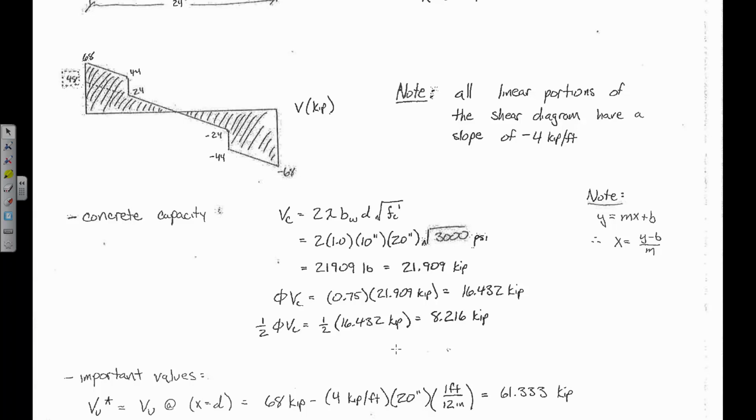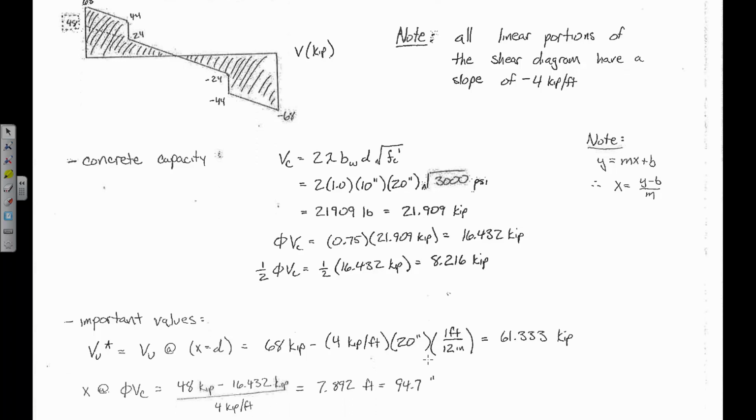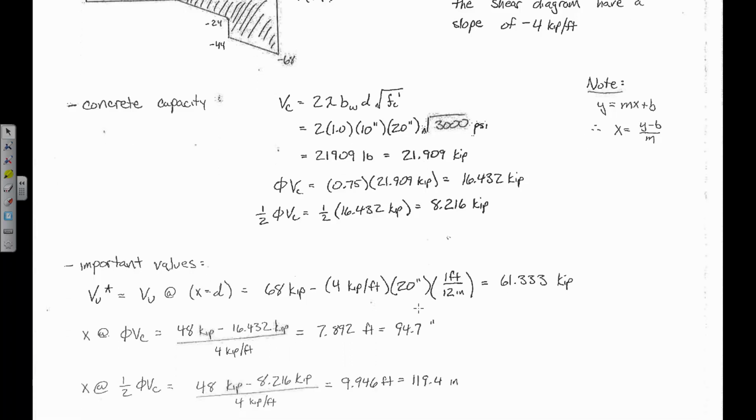Any questions on that? Okay, so that's for the Vu star, whereas when I plot out x at phi Vc and x at half of phi Vc, I use that equation because that's where phi Vc and half of phi Vc are going to lie. Is everybody okay with that? Yes?